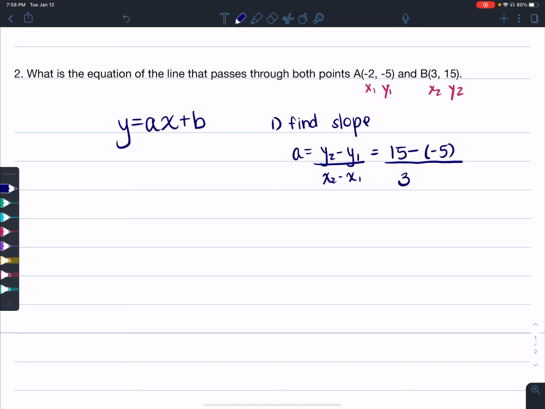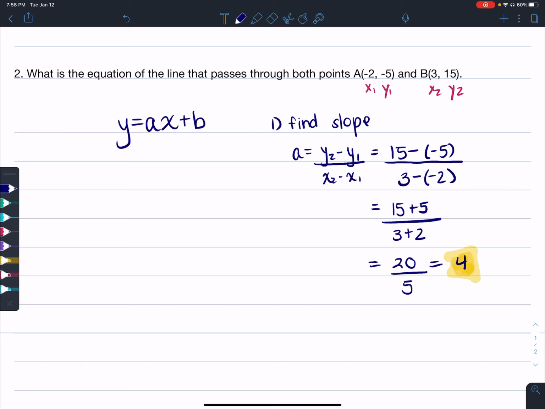X2 is 3. X1 is -2. So here we have 15 plus 5 and 3 plus 2. We get 20 over 5, which gives us a result of 4. So 4 is the slope. So find slope.